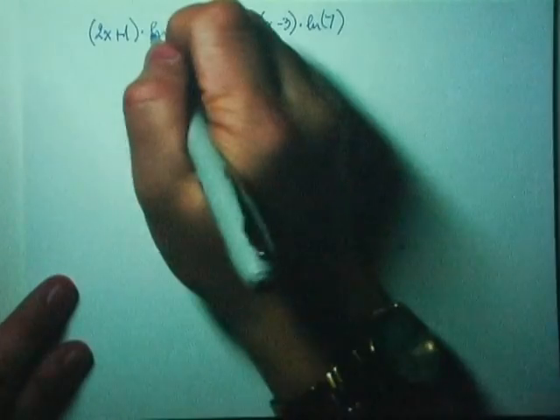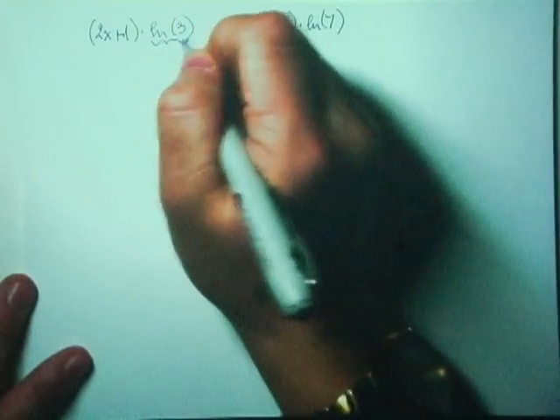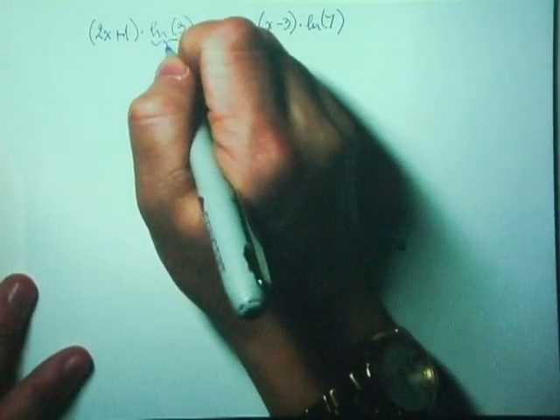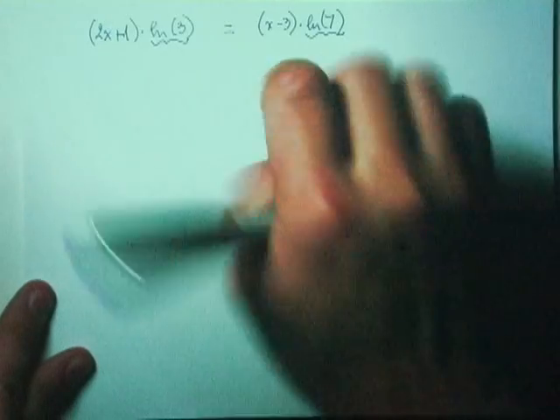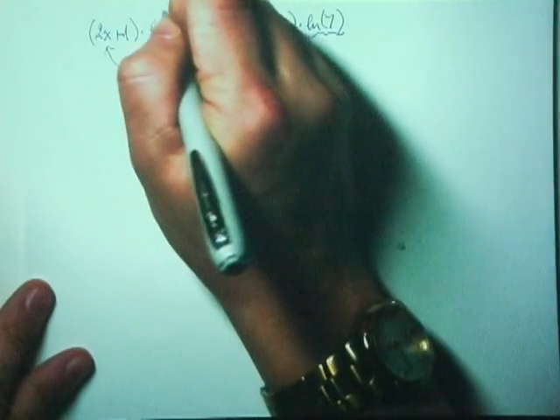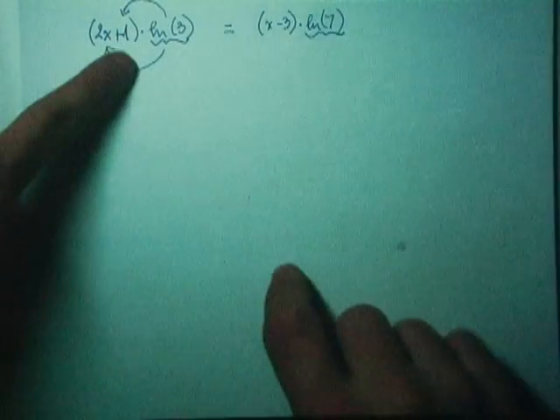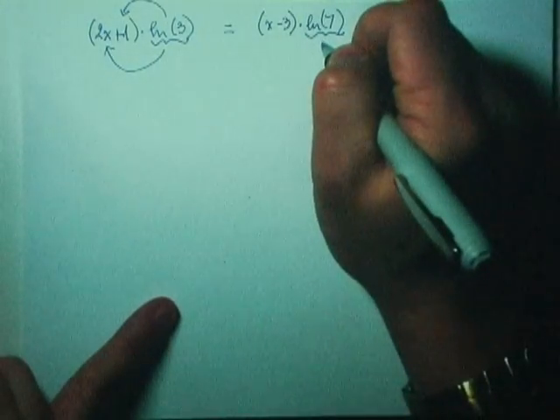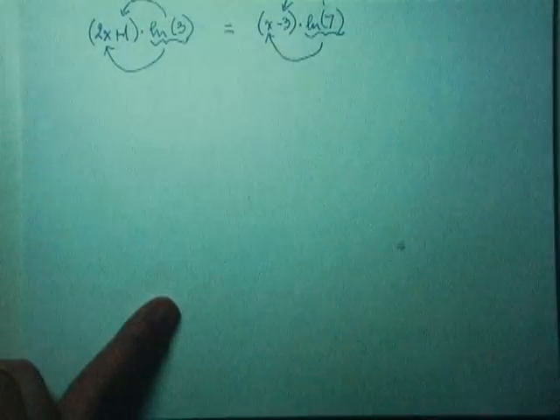Okay, and now at this point, what I would need to do is think of each of these, natural log of 3 or natural log of 7, as one existing number. And what you can do is distribute that natural log of 3 to each term on the left-hand side, and at the same time distribute that natural log of 7 into each term on the right-hand side.